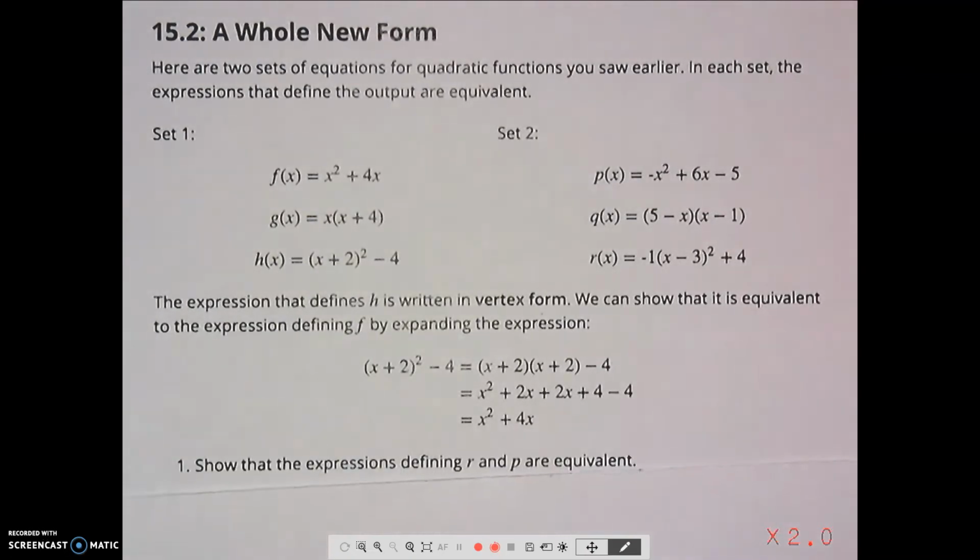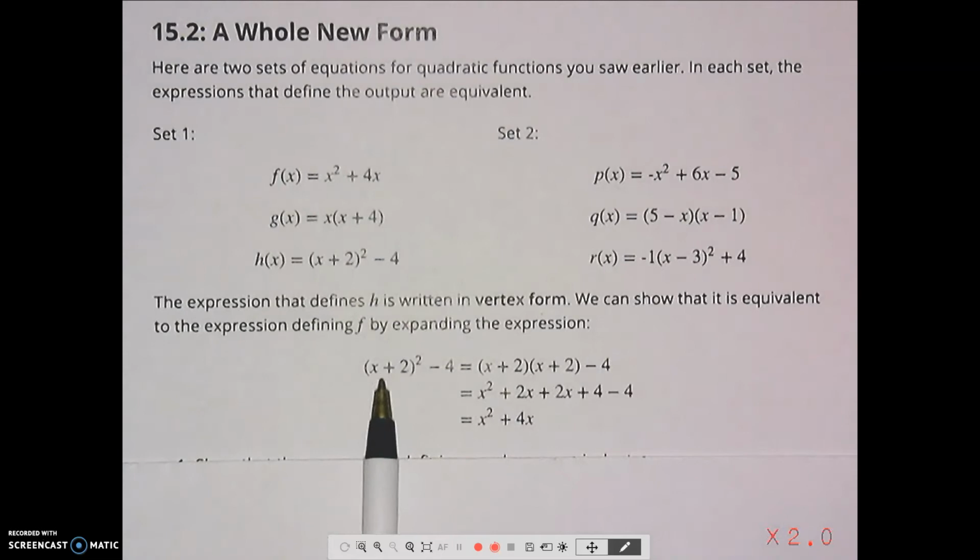We can show that it's equivalent to the expression defining f by expanding. If we have the quantity x plus 2 squared minus 4, that x plus 2 squared means we write it twice, we multiply it, we distribute to get this, and then when we combine like terms, we end up with x squared plus 4x. So this was vertex form, this is standard form, and they're equivalent.